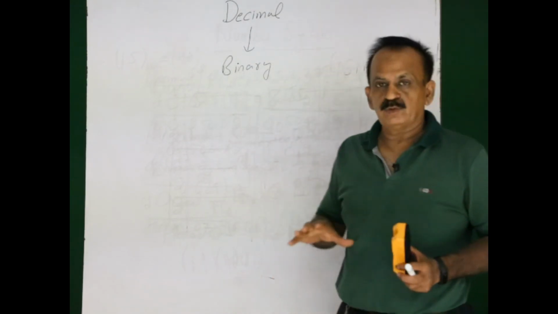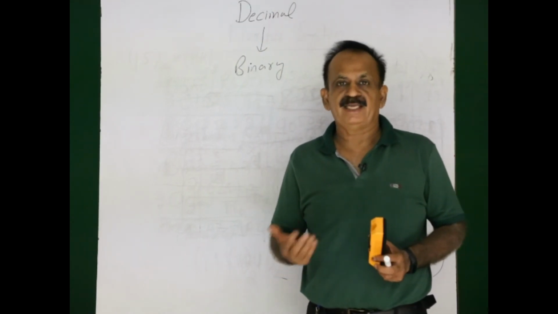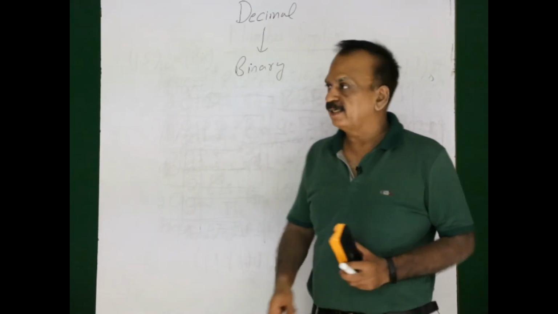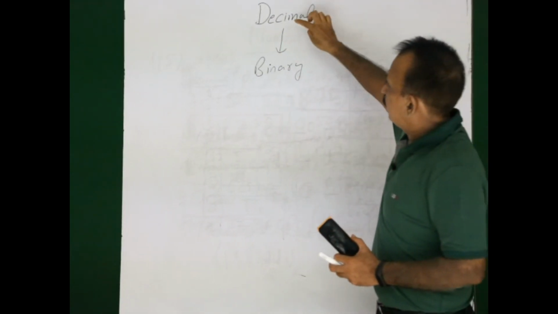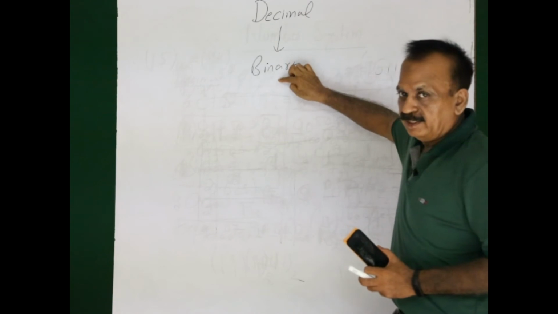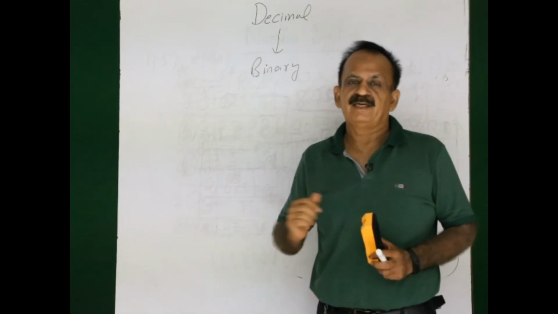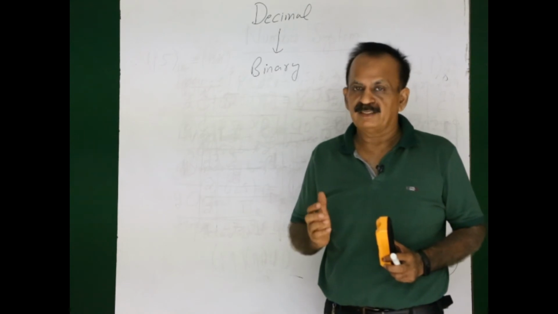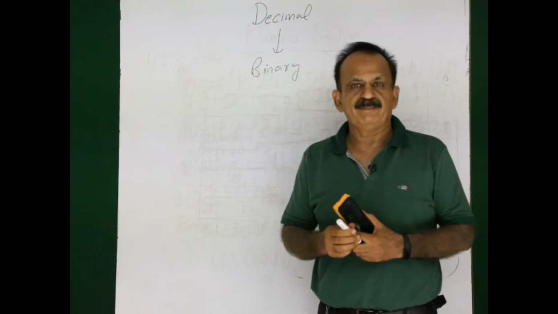So, the answer to why I am dividing by 2 or multiplying by 2 is that the base of the binary number system is 2. I am converting from decimal to binary by dividing the number by 2 and writing down the remainders, and for the fractional part I am multiplying by 2 and writing down the carry part.